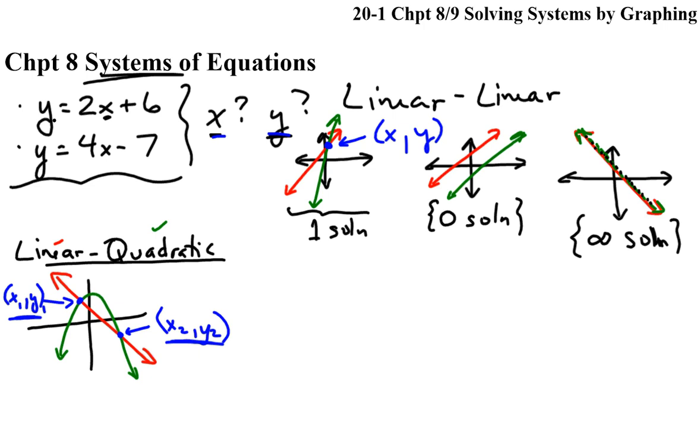The other possibility with a linear quadratic system is that we could end up with a quadratic, and then we would have a linear maybe down there.